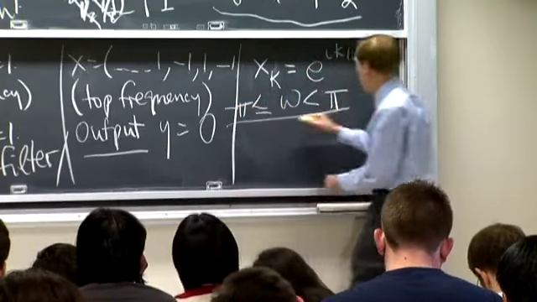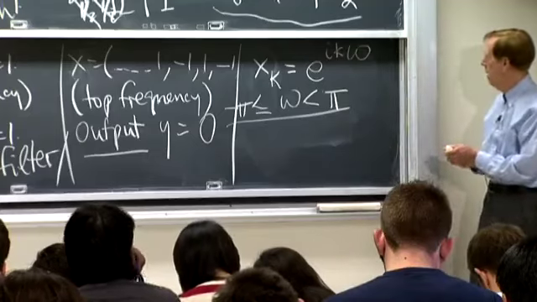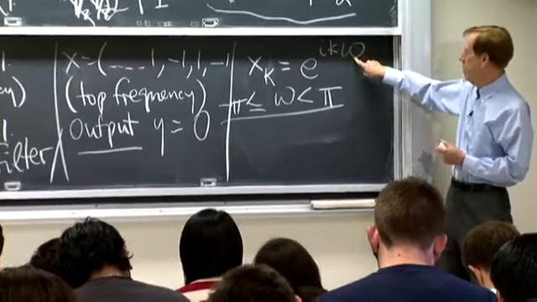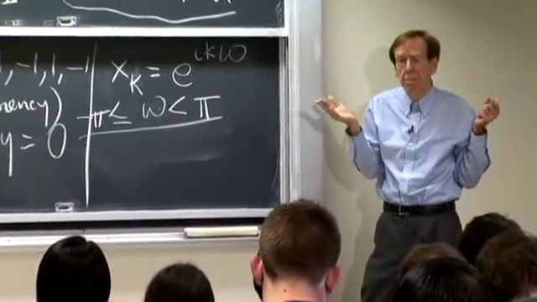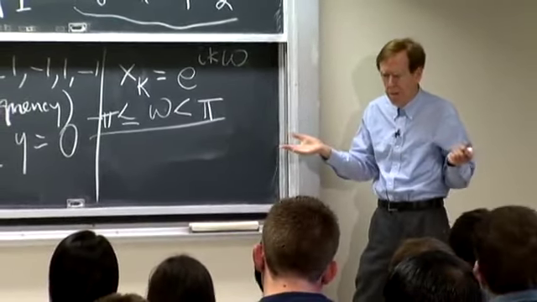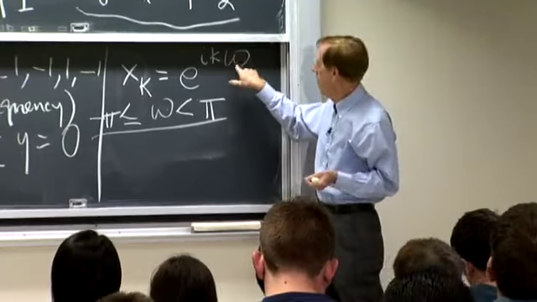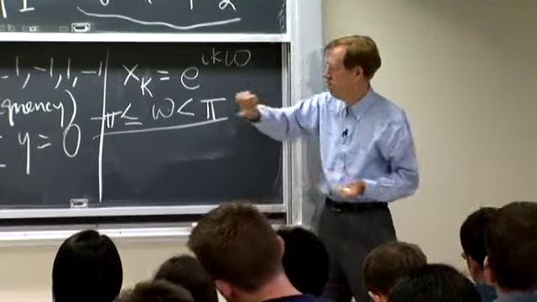Why do I say minus pi and pi? If omega is 0, what's my signal? All ones, right?